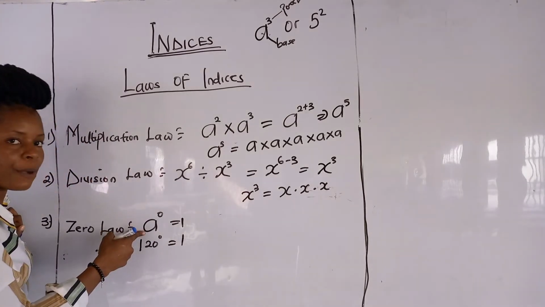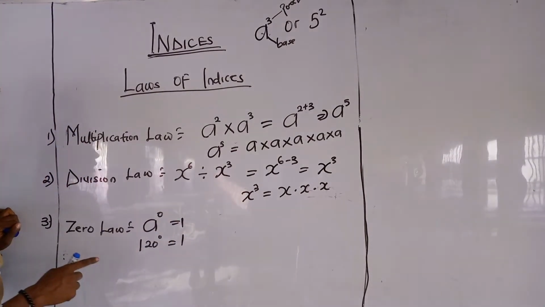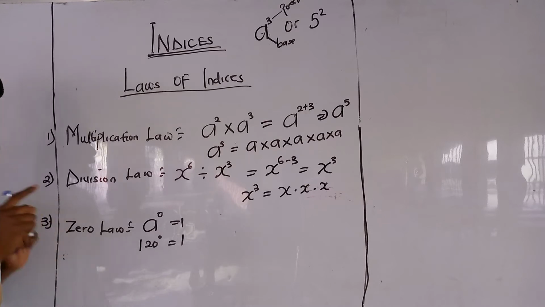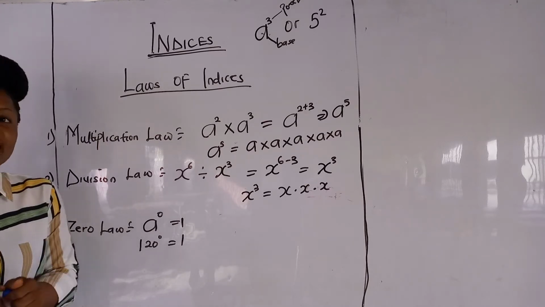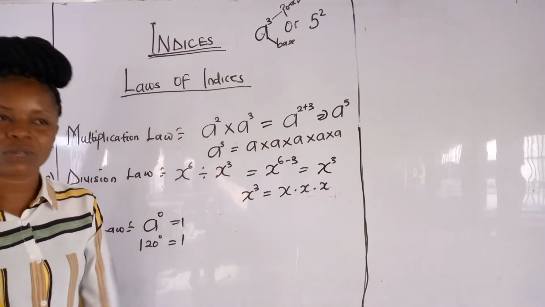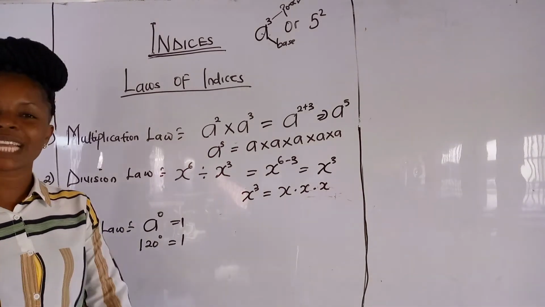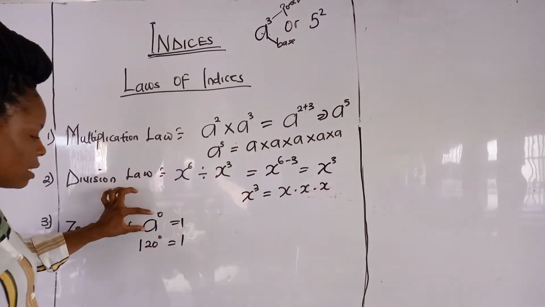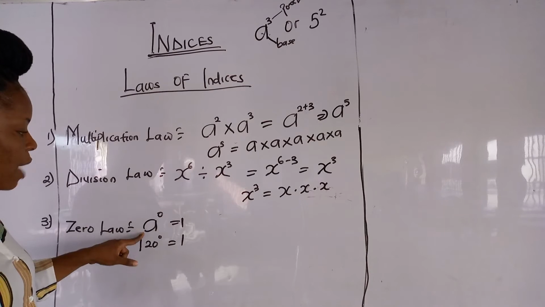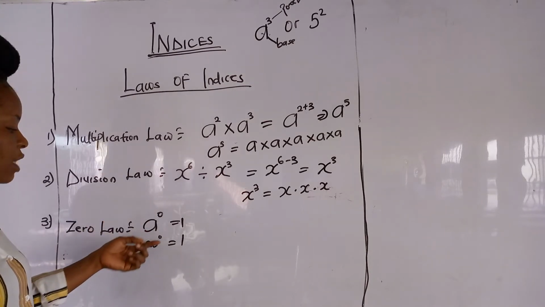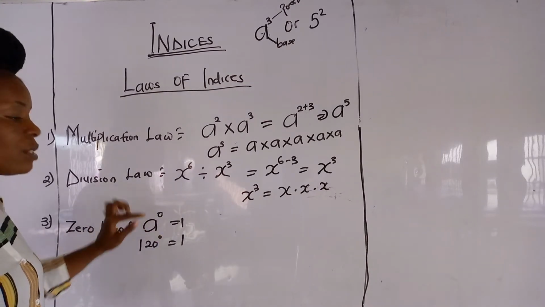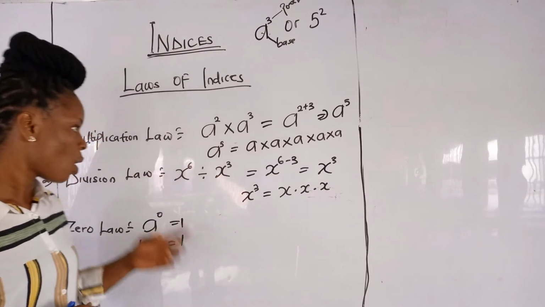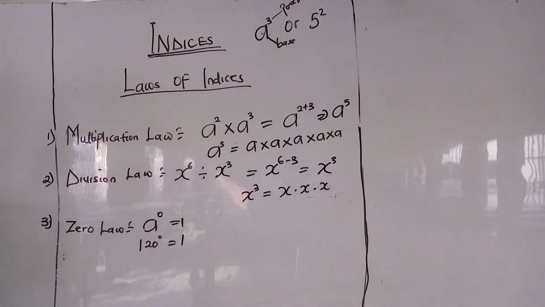Any alphabet raised to the power of 0 is 1. If you are solving any problem, whether it is under indices, simultaneous equation, linear equation, quadratic equation, and you come across a raised to the power of 0 or any number or any alphabet raised to the power of 0, your answer is 1. So let's move to the next law.